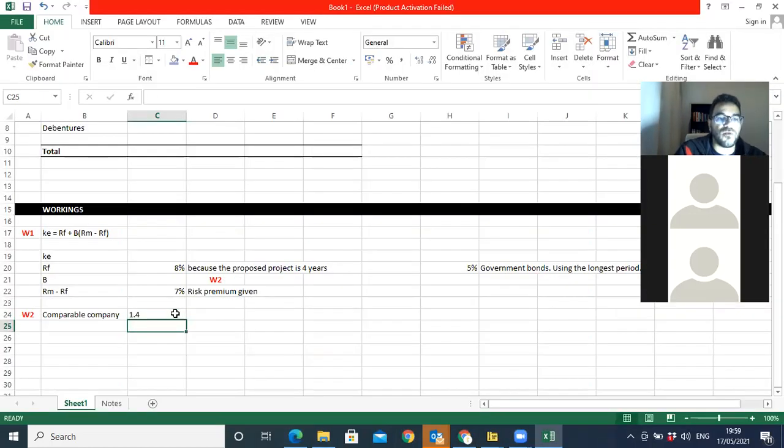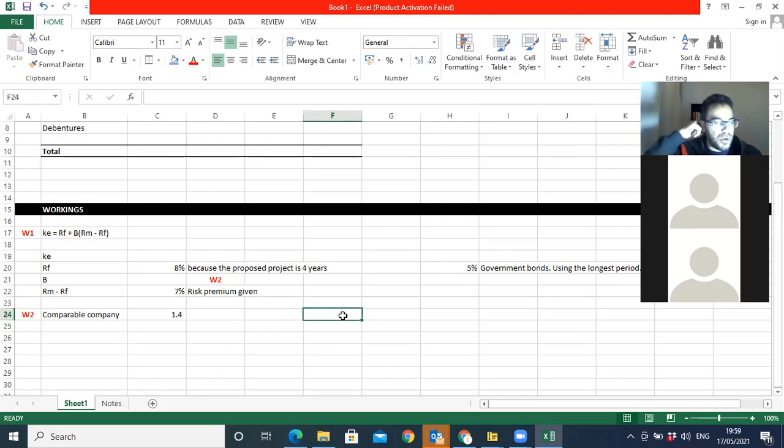So we start off with 1.4. We can't use 1.4 as is, because it is a comparable company. It is not our company. We need a beta for our company. So we adjust for differences between our company and the comparable company.